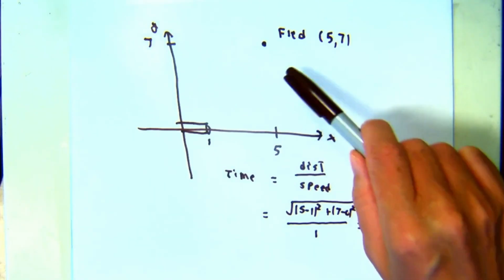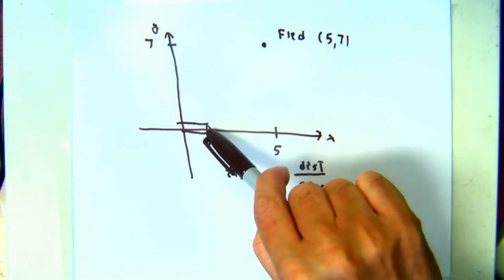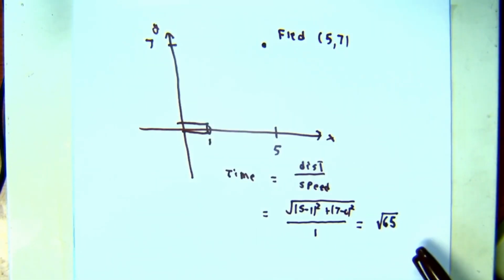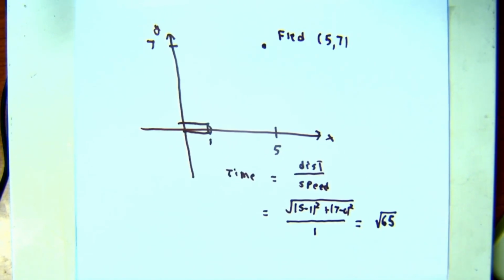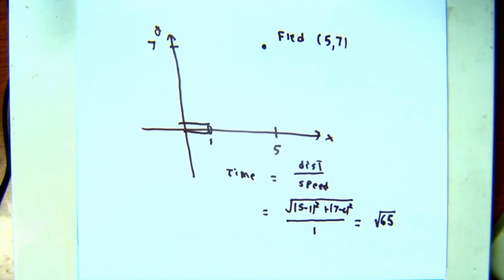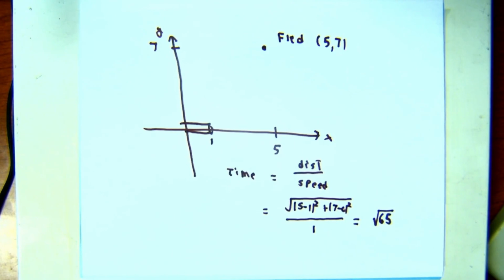Fred is not going to see that part of the metal rod until radical 65 seconds after the rod was quickly put into place. This is kind of strange. We put this object in place, but for a while, over 8 seconds, Fred doesn't see it. But it gets stranger.